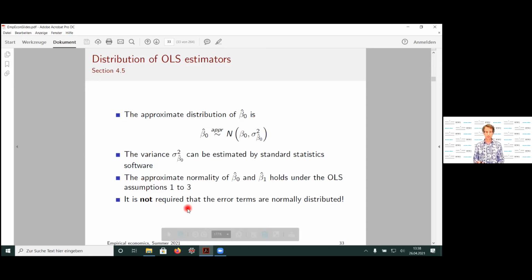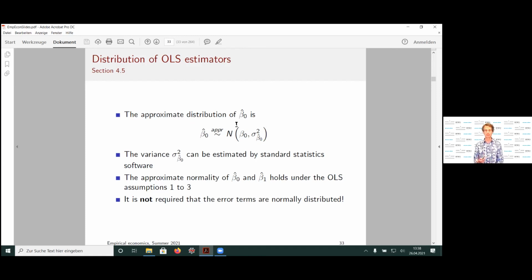Okay, one important remark here: it is not necessary that the error terms are normally distributed to arrive at the approximate normal distribution for our coefficients. So the normality, the Gaussianity for the OLS estimators does not hinge on the normality of the error terms. You will find this statement sometimes, but it's not the case.